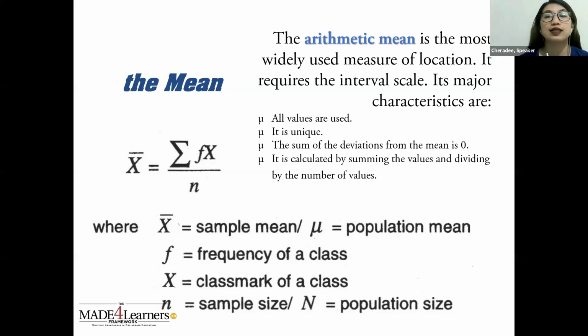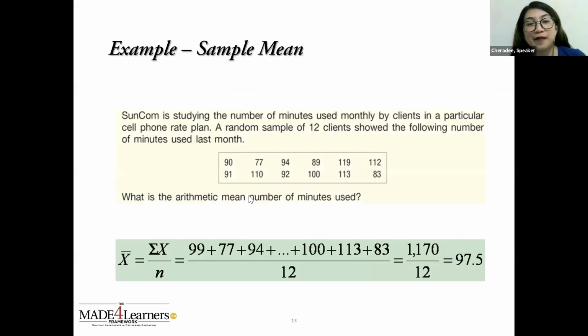The sum of the deviations from the mean is 0. So when you sum all the deviations of these values, it's actually 0, and it is calculated by summing all the values. I won't go deeper for the comprehensive exam, but for sure the methods are going to come out, so please remember.